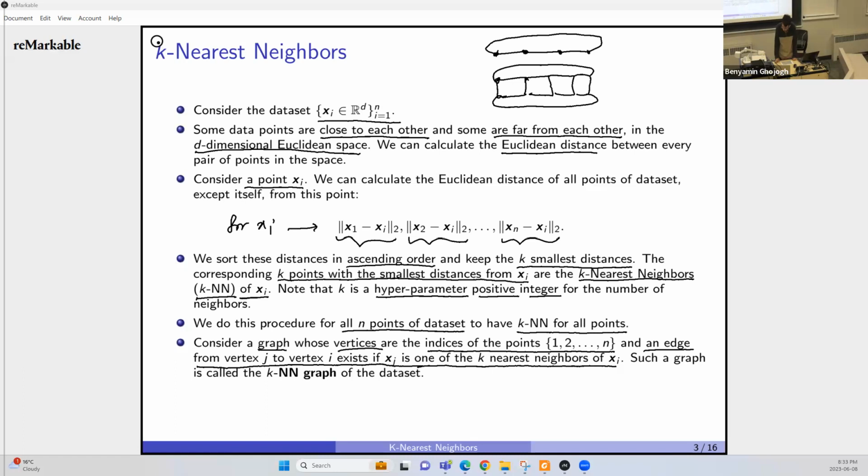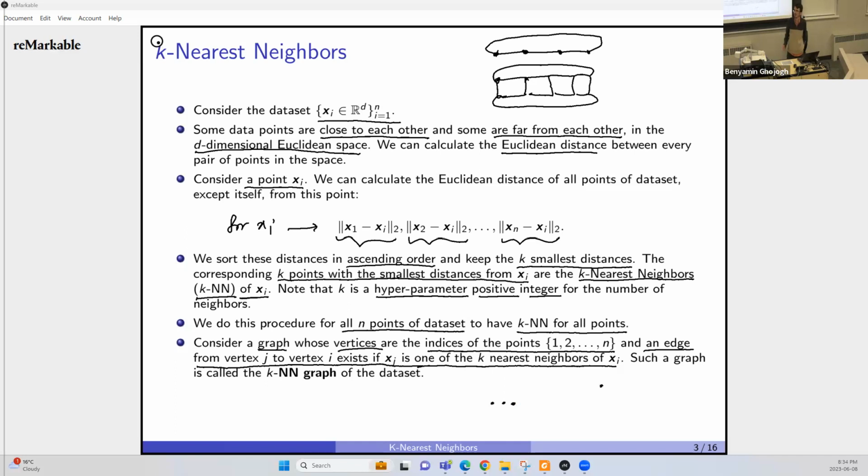By the way, one important thing, is this graph directed or undirected? Let me tell you one example. Consider these 4 points. Do you see these 4 points? For this, I assume I'm calculating one nearest neighbor.